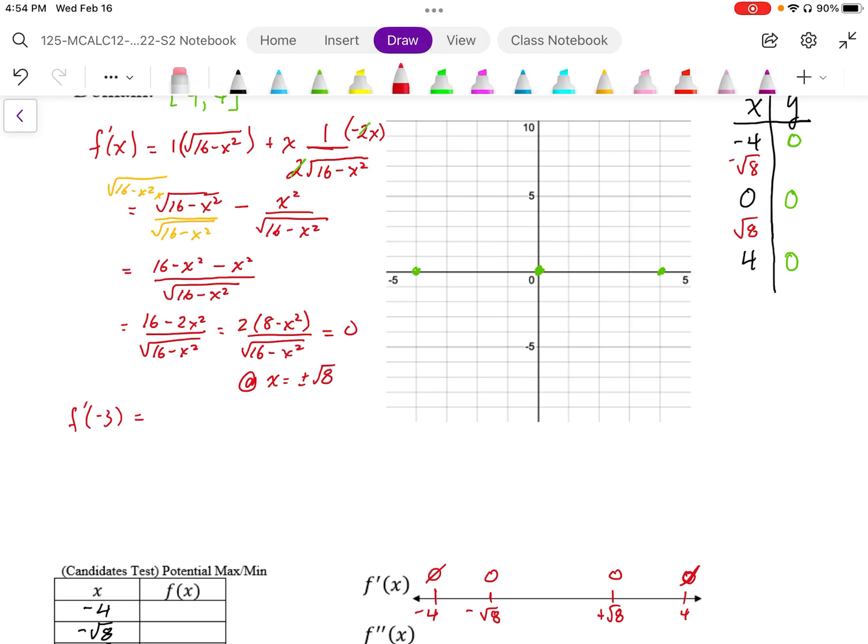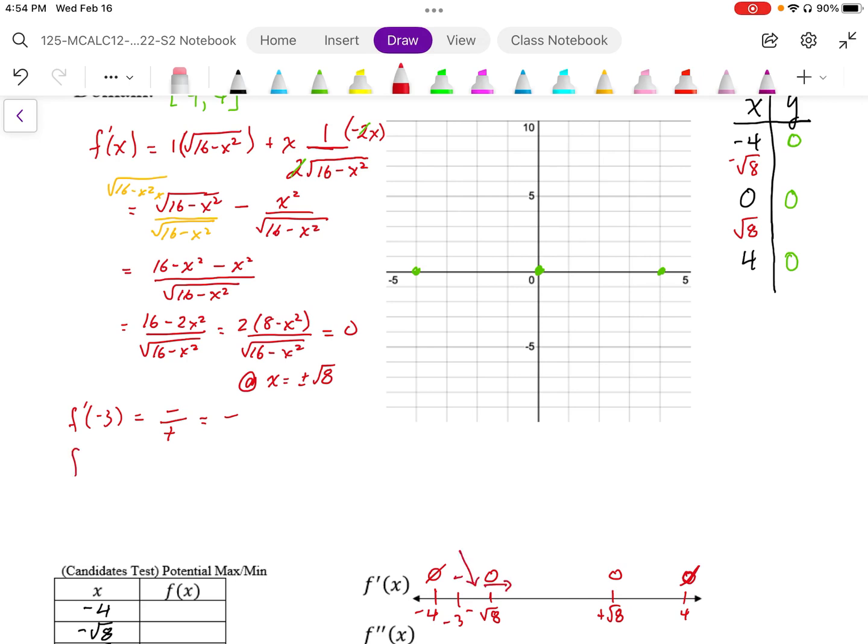Calculating the derivative at -3, when I plug it into that expression, I get 8 minus (-3) squared, which is 9. That's going to give me a negative. And then the denominator is a square root function, so that's going to be positive. So I'm going to end up with a negative slope. Okay, so in here, at -3, I'm going to have it sloping down.